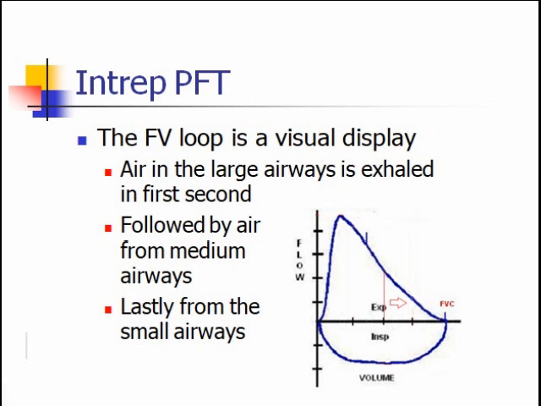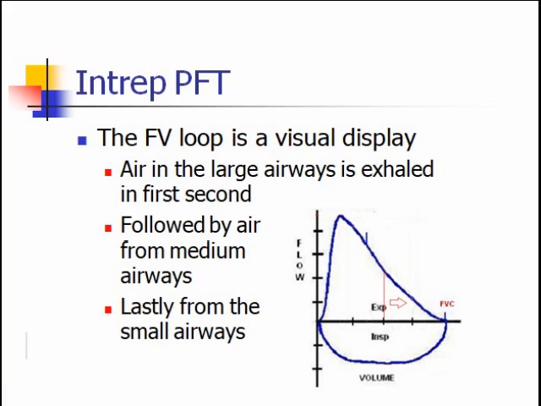As I said earlier, as we exhale that large, deep breath as fast as it can come out, the flow volume loop is a good visual of what's happening. So if you look at this loop, at the very beginning, we see the air in the large airways being exhaled in the first second.